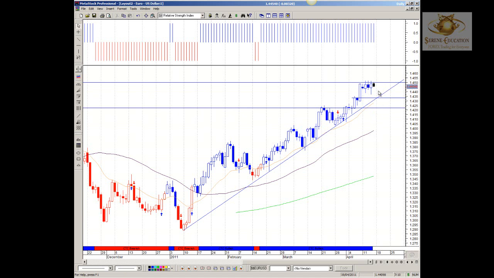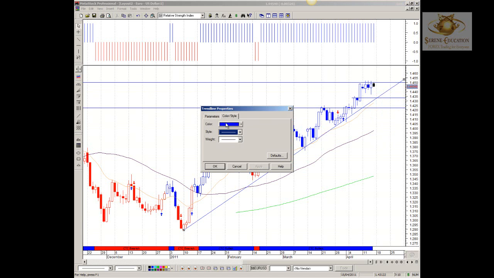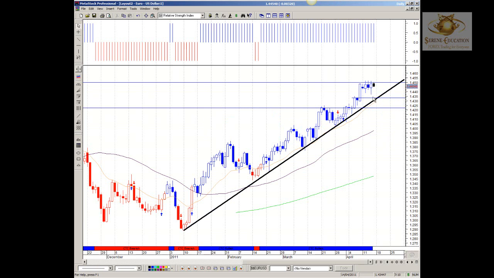So ideally the trend line would be the first port of call. Failed to break. You can see this one over here, for example. This prior resistance level is the trend line. So if price failed to break there, then we would obviously need to see a bearish engulfing of yesterday's candle, and then we could see further extensions to the downside.